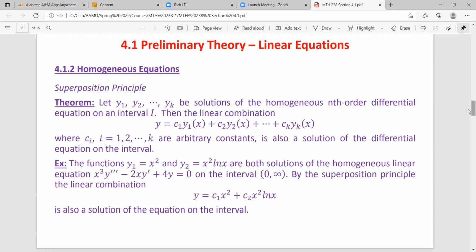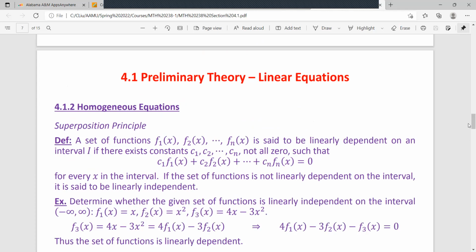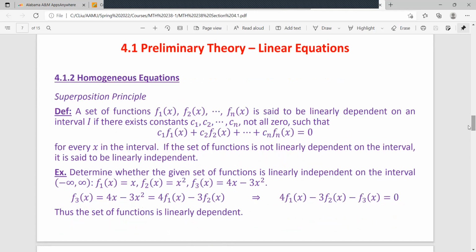So then we also define linear independence. If you have n functions in general, you take any linear combination of those functions, and if you can find coefficients for those functions in the linear combination so that the sum is 0, then we call those functions linearly dependent.